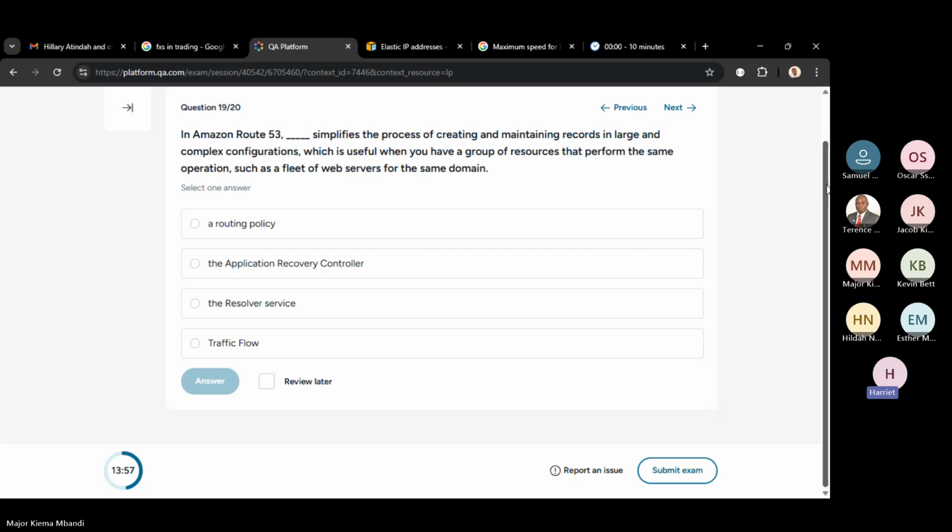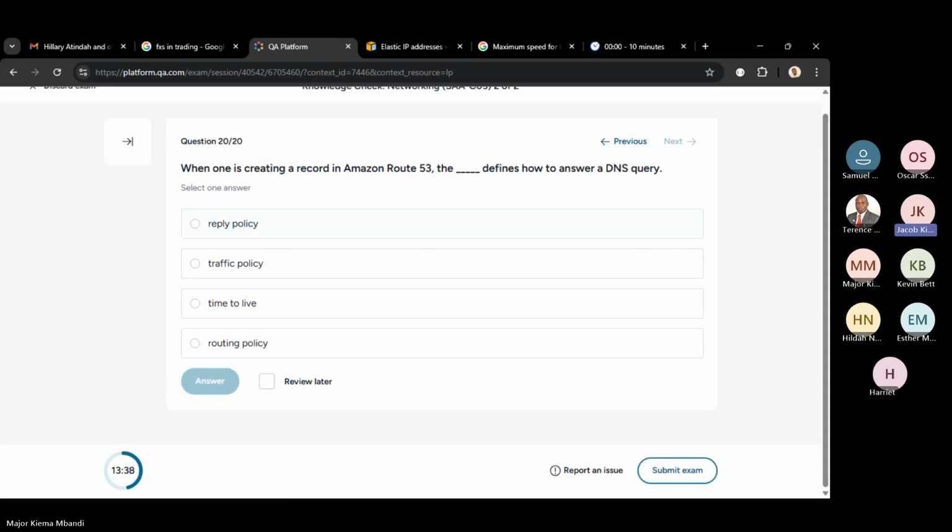Routing policy, application recovery controller, the resolver service, traffic flow. I would say A. Any questions? There are none, so I think we can move on. The last question is going to be handled by Hilda.